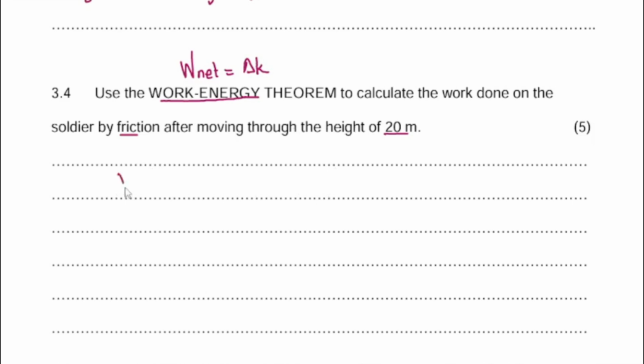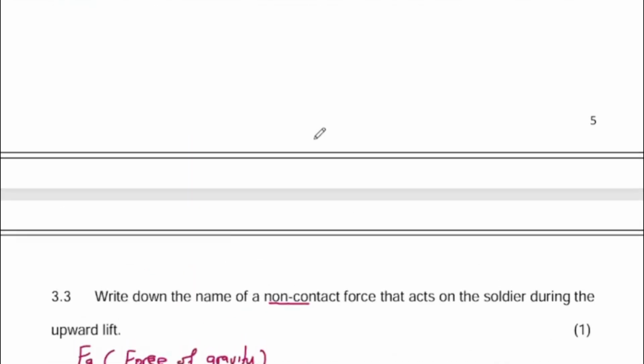I need to find the net work done by the applied force. So let's say the net work is the work done by F applied, then we need to add the work done by the other forces. How many forces are acting on the guy?